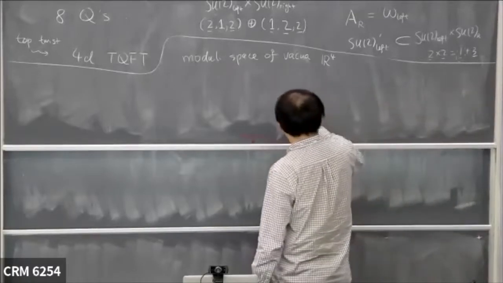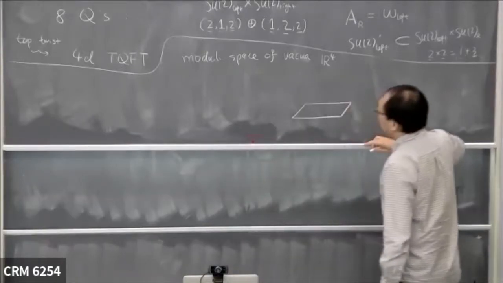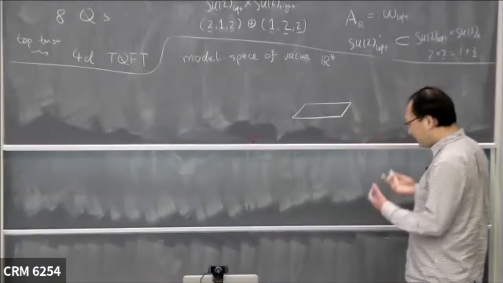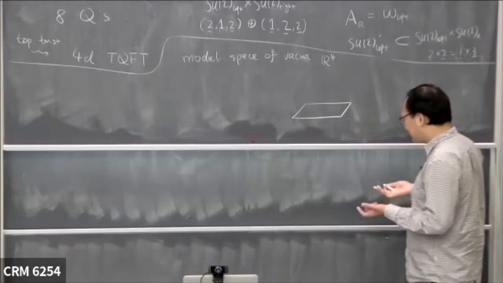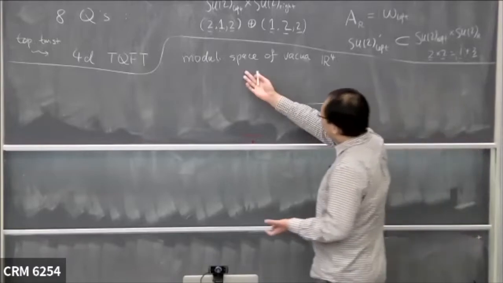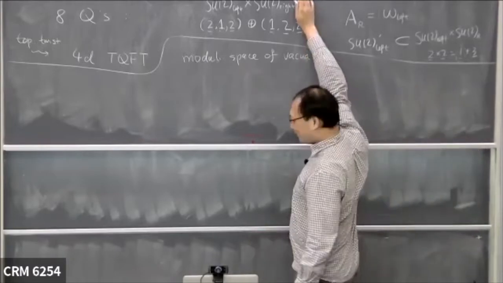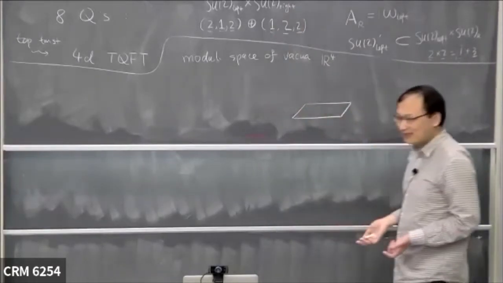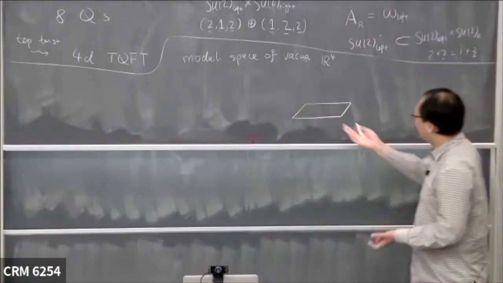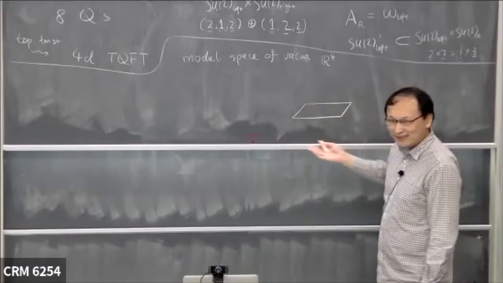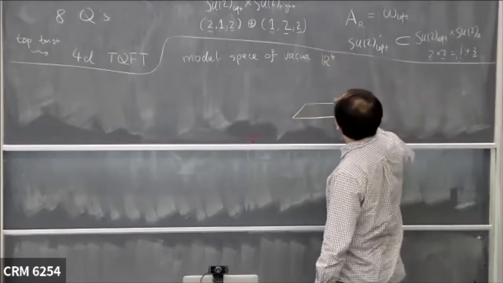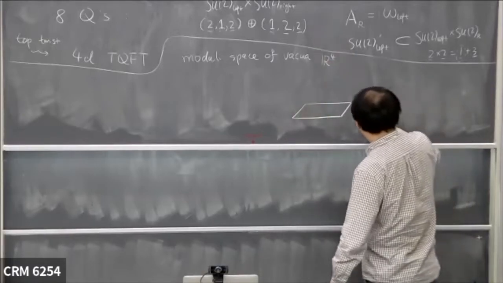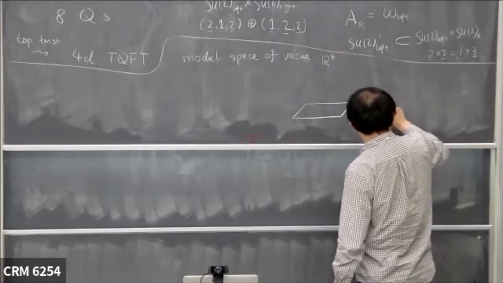So in general, there is going to be a particular branch where the SU2R acts trivially, and then there's a branch where it acts non-trivially. The one where SU2R acts trivially is expected to be the Coulomb branch.